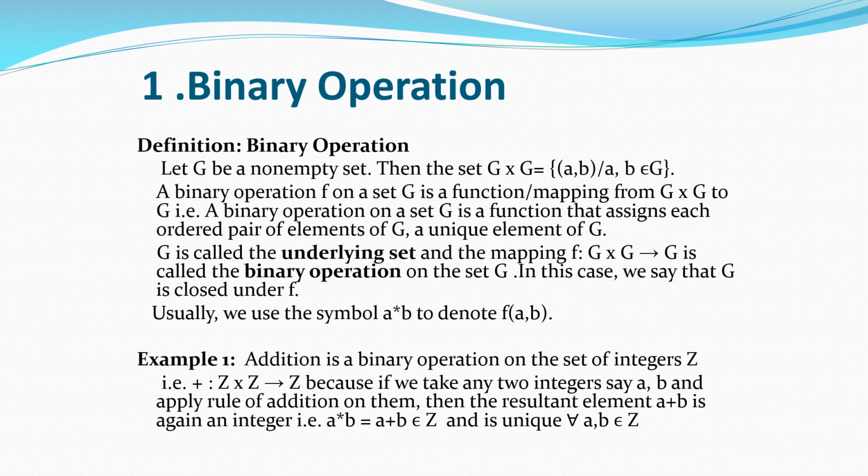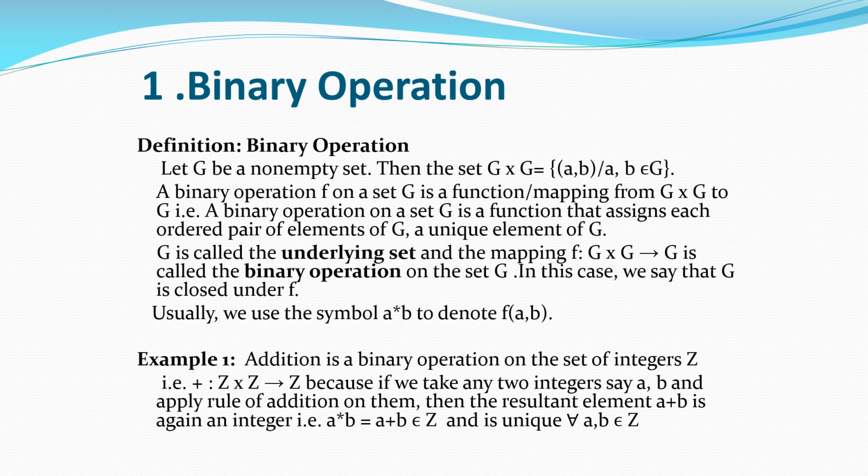Actually, in short, it means if you are considering any two integers, then their addition is again an integer and it is a unique element. For example, if I consider 2 and 3, both are integers, then 2 plus 3 is 5, which is again an integer, and that addition element is unique.